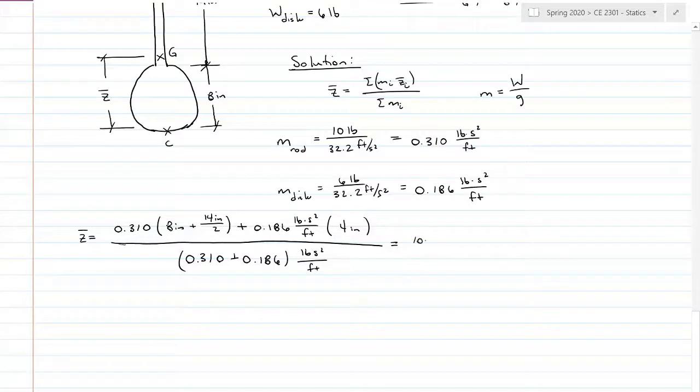10.875 inches, which is going to equal 0.90625 feet. I'm wanting everything to be pounds and feet because for my mass I've gotten pounds second squared per foot, so then that gets me all the same length and force units.